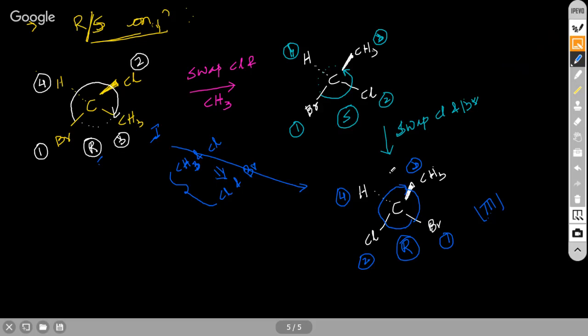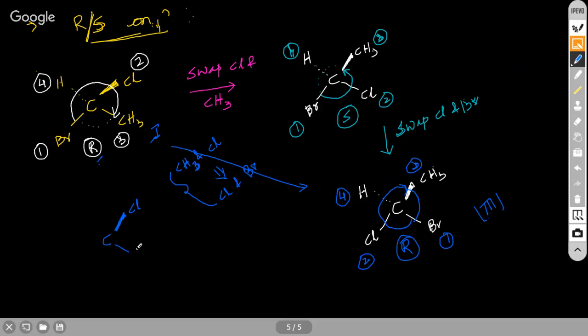Now you see, in all these molecules, first, second, and third, the least priority is into the plane of the paper. Right? So what will we do when the least priority is not into the plane of the paper? Suppose I write this example: carbon is attached with chlorine.